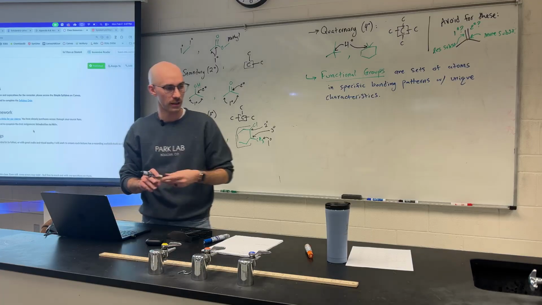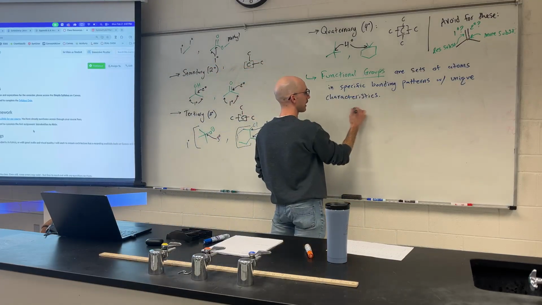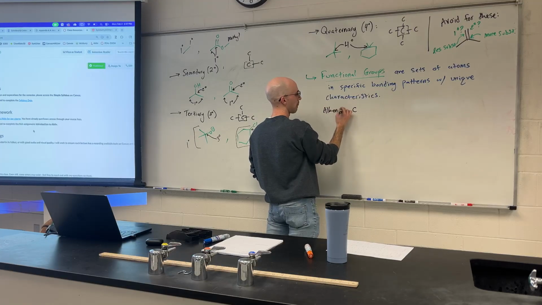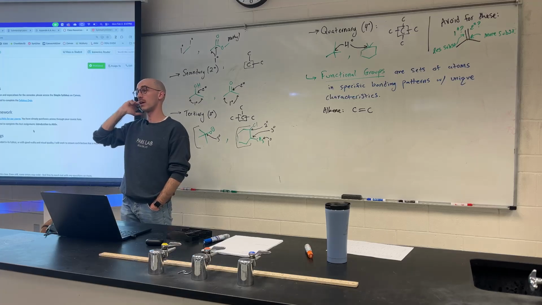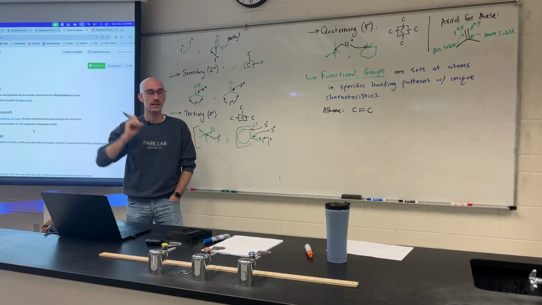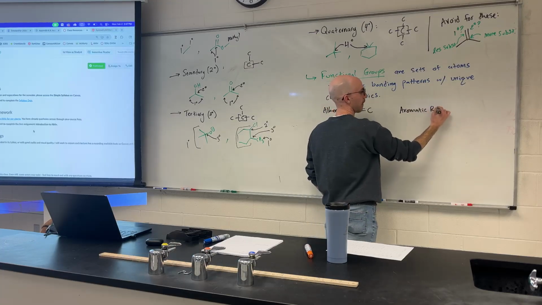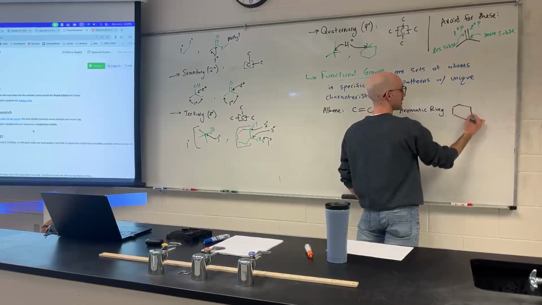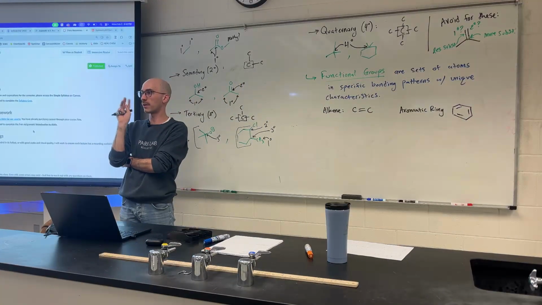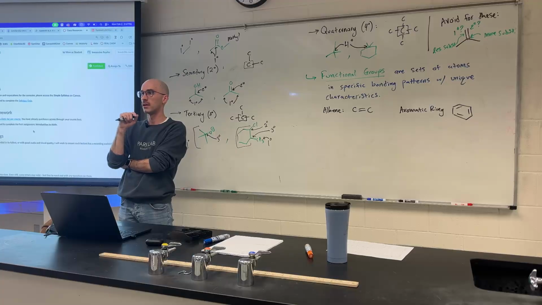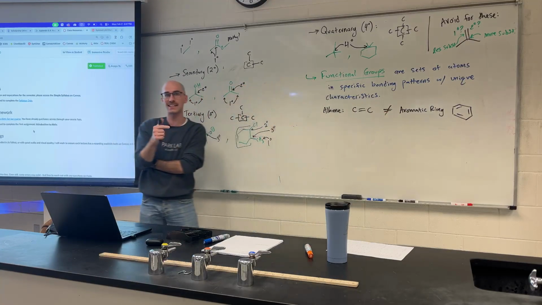If you'll look on the top left, we say that an alkene is characterized by a carbon-carbon double bond. And yet, we describe an aromatic ring as a cyclic, six-membered carbon ring with 3 carbon-carbon double bonds. There is no alkene inside the aromatic ring.